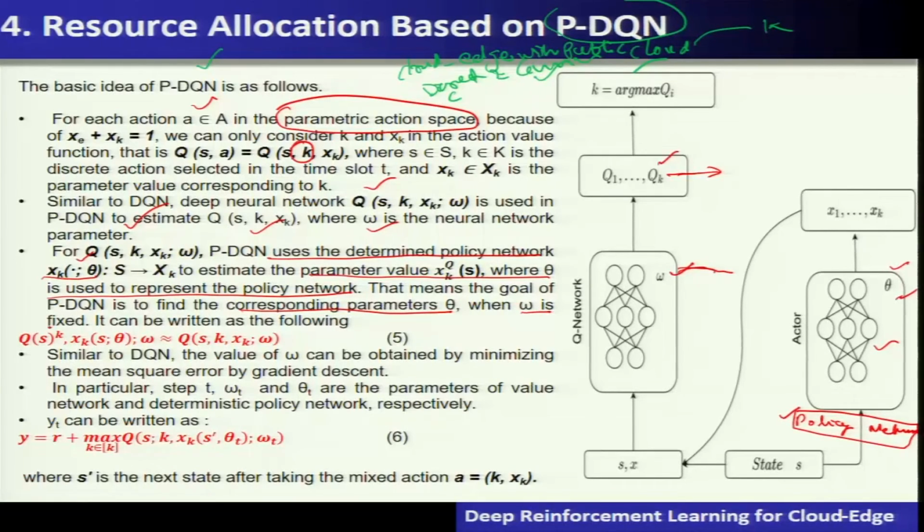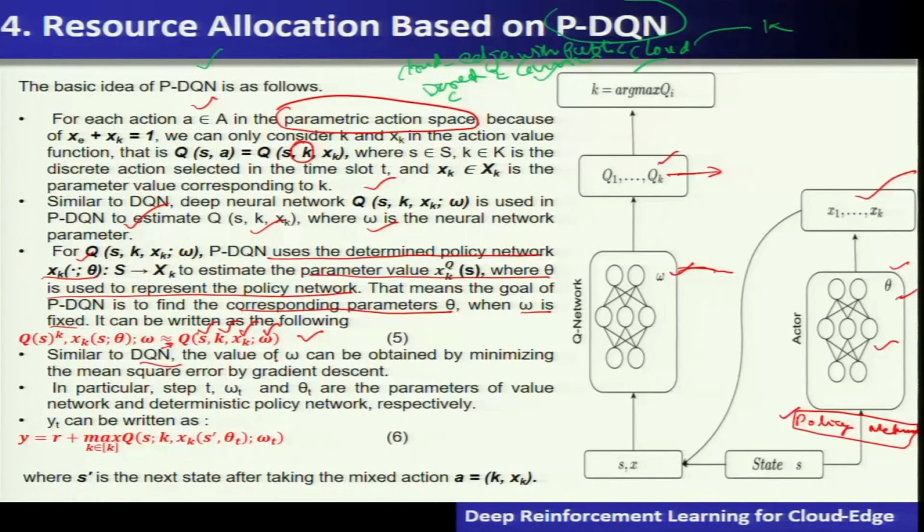With omega fixed, what will be the best policy will be learned by this policy network. Both k and xk are needed, and on fixing omega, given any state, that particular q is determined in this formulation.